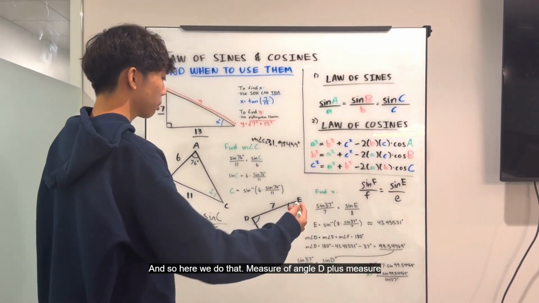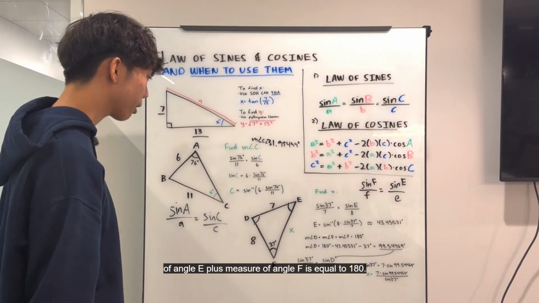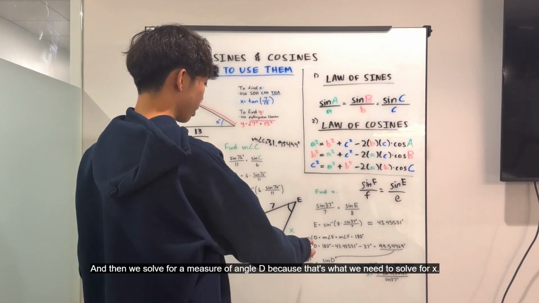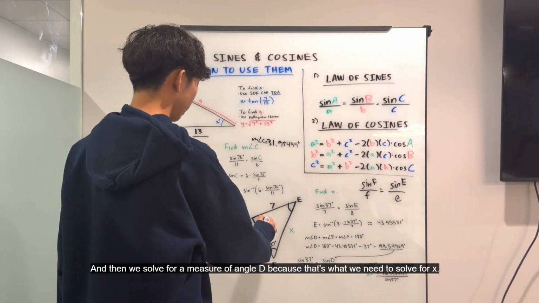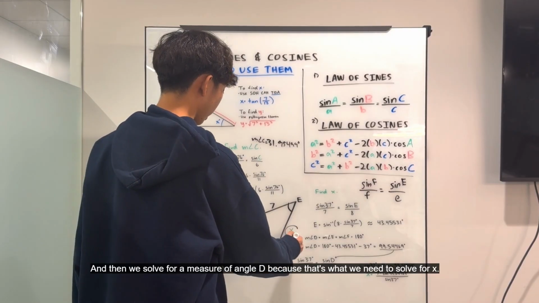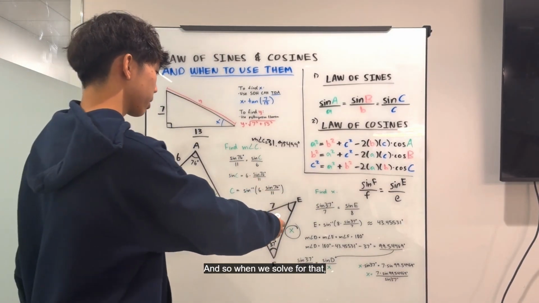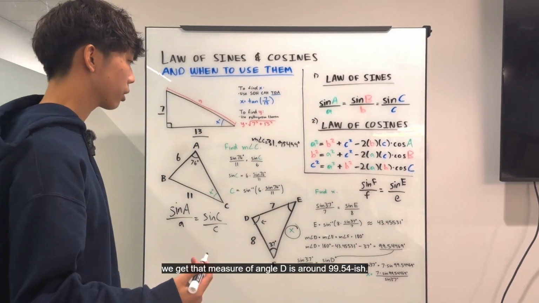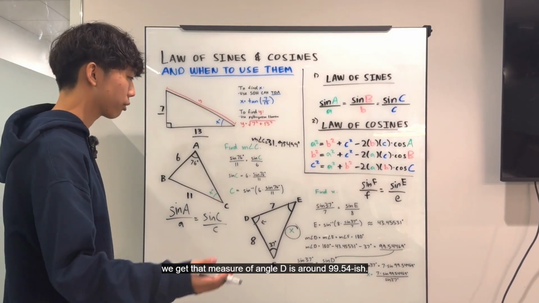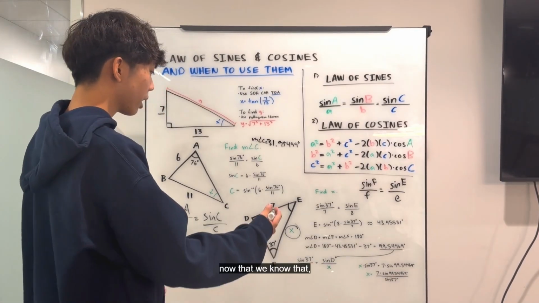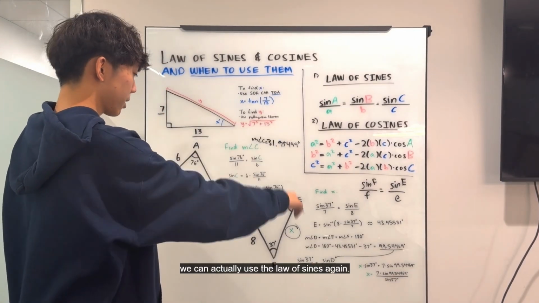So the measure of angle D plus the measure of angle E plus the measure of angle F is equal to 180. Then we solve for the measure of angle D, because that's what we need to solve for x. When we solve for that, we get that the measure of angle D is around 99.54. Now that we know that, we can use the law of sines again.